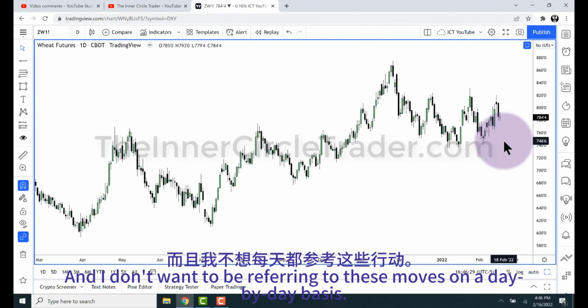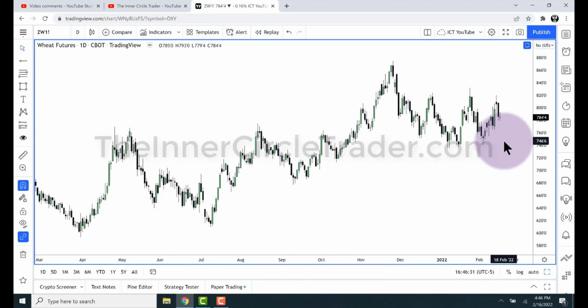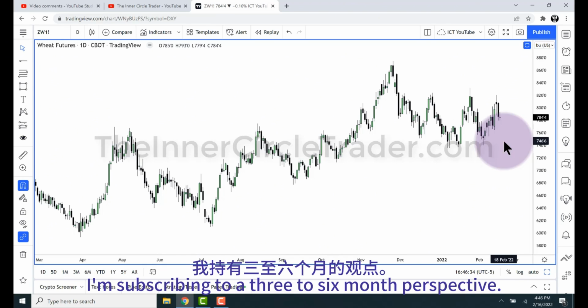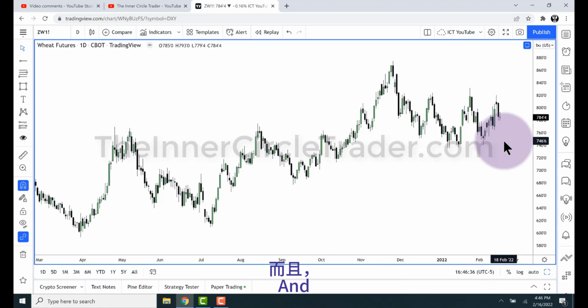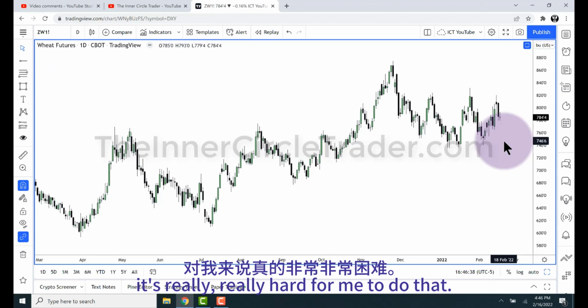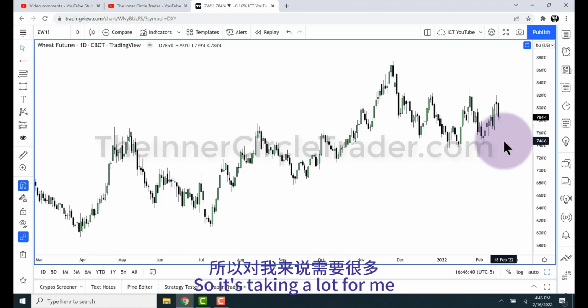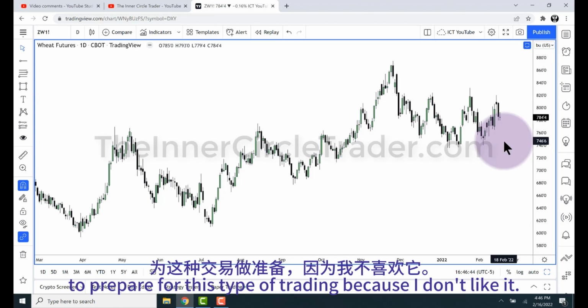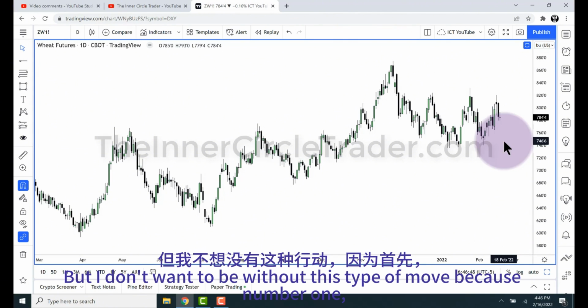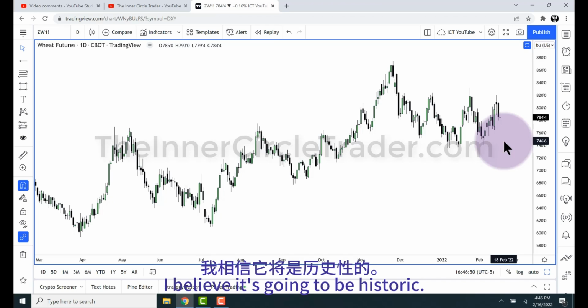And I don't want to be referring to these moves on a day-by-day basis. I'm subscribing to a 3 to 6 month perspective. And it's really hard for me to do that, okay? So it's taking a lot from me to prepare for this type of trading because I don't like it. But I don't want to be without this type of move because, number one, I believe it's going to be historic.